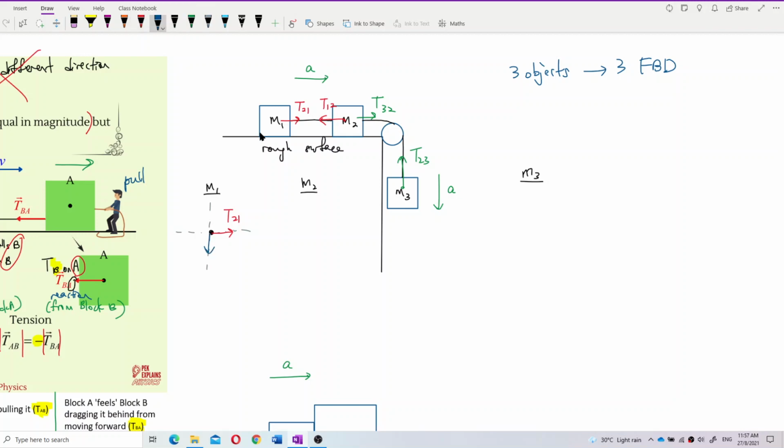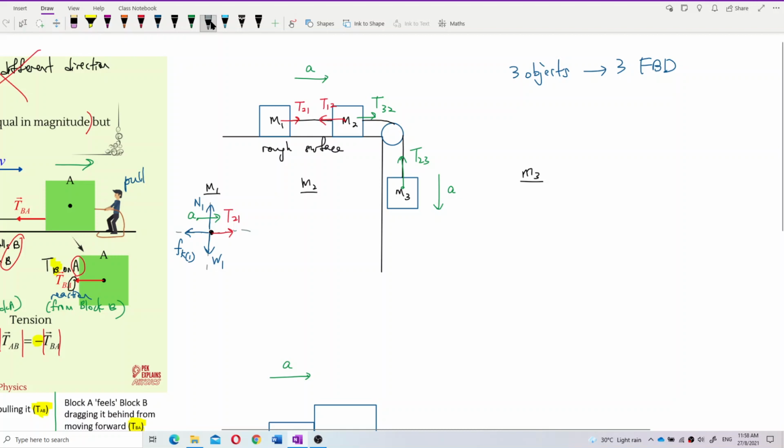Now I put all the components, never mind. This is the weight of 1, and this is the normal force for 1, and the friction. It has a friction going behind, opposite in direction. This is the kinetic friction for block 1. And then it has acceleration to the right. We must draw the acceleration to the right, just beside the dot. This is the free body diagram for mass 1.